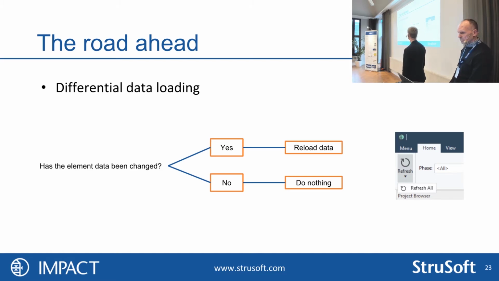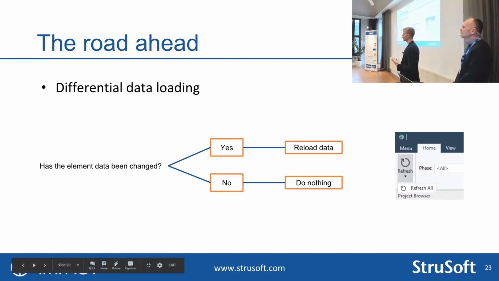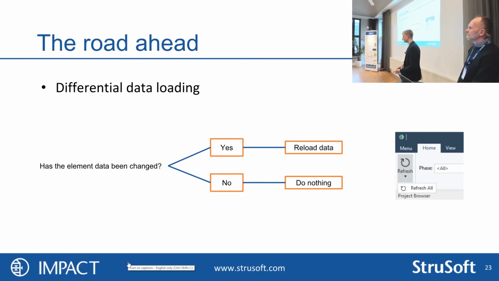If the answer is yes, then sure, we reload the data and we rebuild the model. But if it's no, then we do nothing. So this will reduce the time it takes to refresh a project tremendously. You will still, of course, have the initial loading times, but when you want to do an update, it will be much faster.